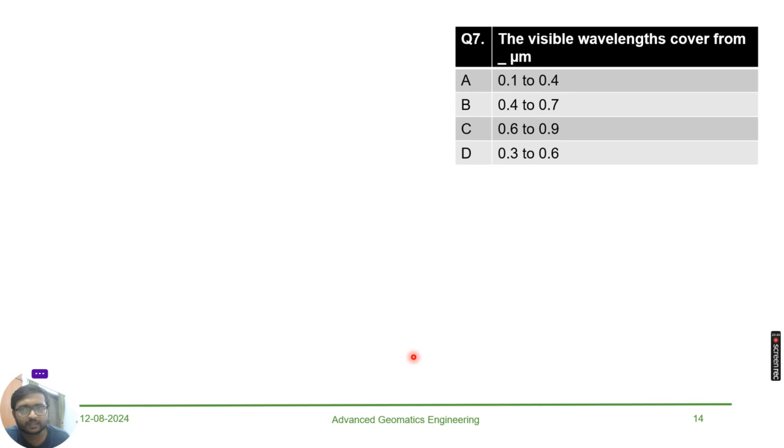Now, when we talk about electromagnetic waves, what is the wavelength for visible light which humans can see?